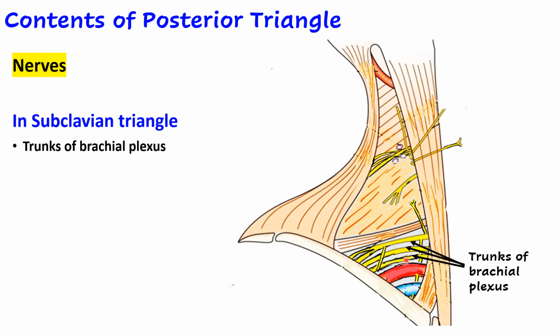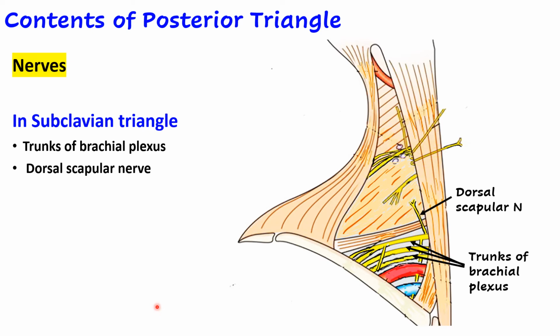There are two branches from the roots and two branches from the upper trunk. In total, four branches: two directly from the roots and two from the upper trunk.